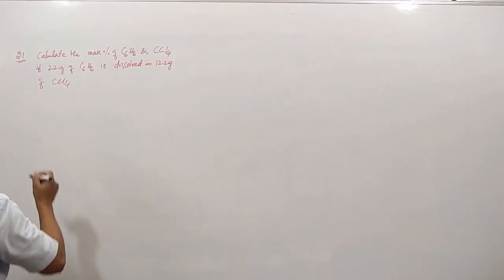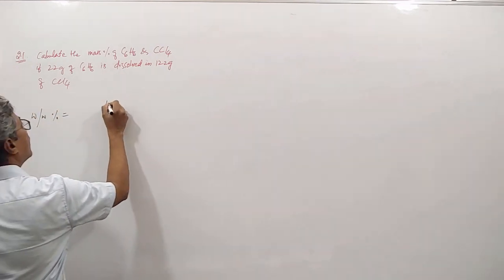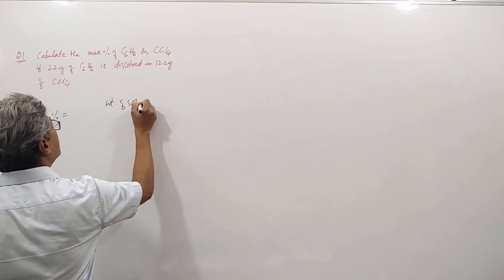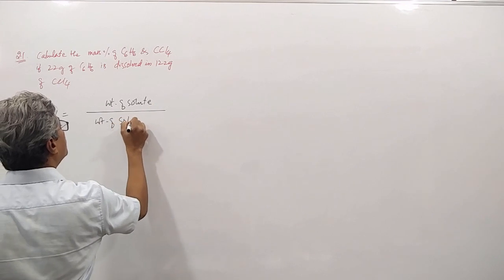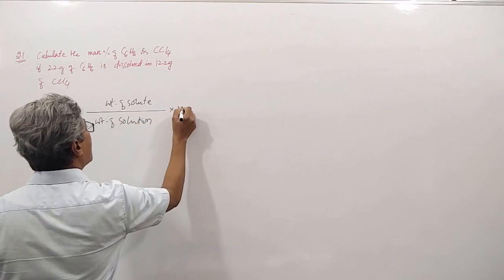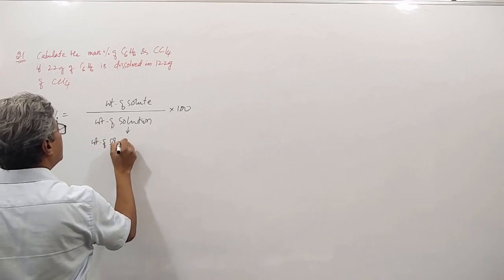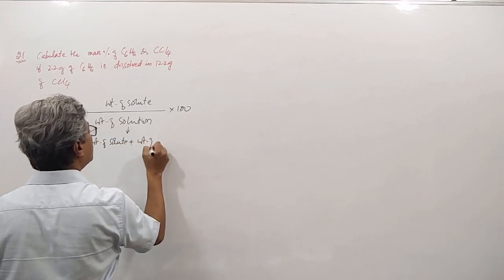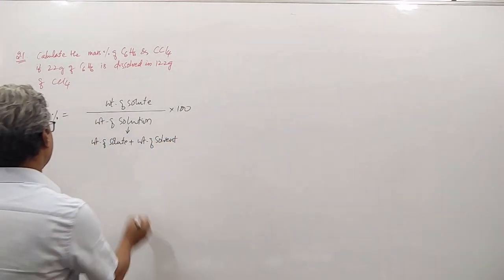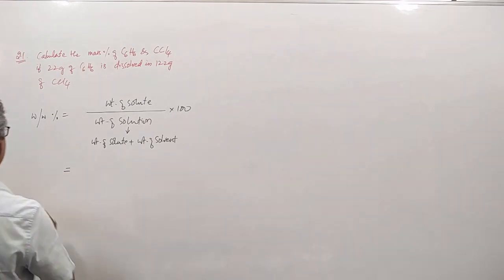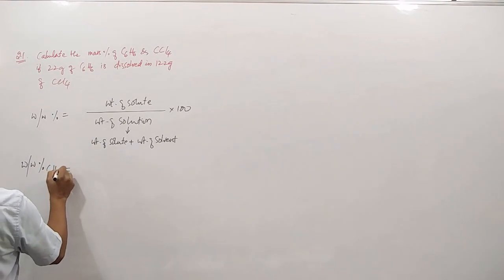Students, we know that mass percentage is weight of solute divided by weight of solution into 100. Here weight of solution is nothing but weight of solute plus weight of solvent. Clear students? Okay.